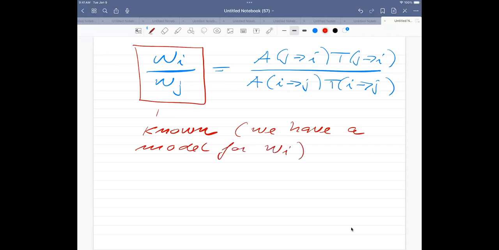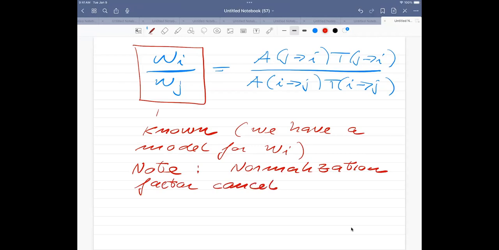So note as well, this is an important thing to note, that the normalization factor of a probability disappears. So the normalization factor cancels. Just keep in mind that our probability Wi is actually given by the wave function, the trial wave function, in a position R of i, and as a function of these different parameters which we have.